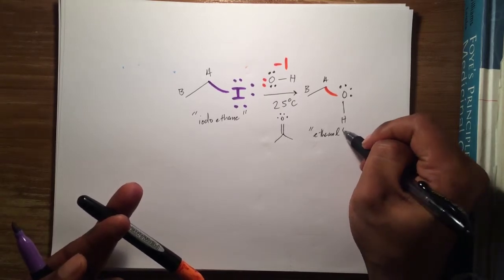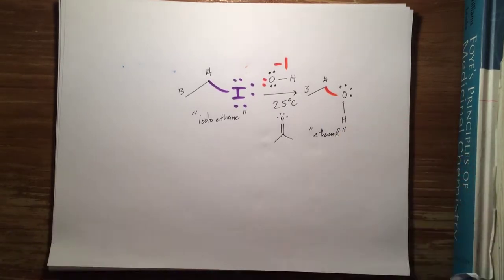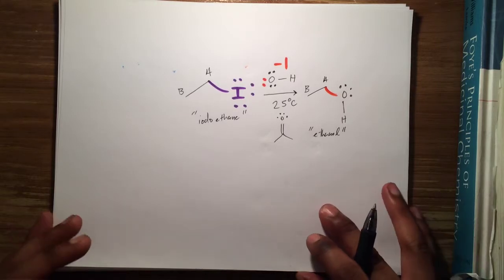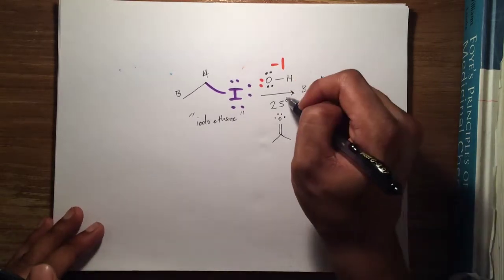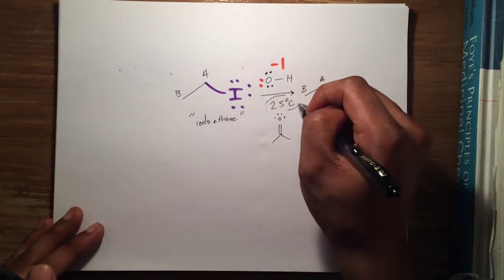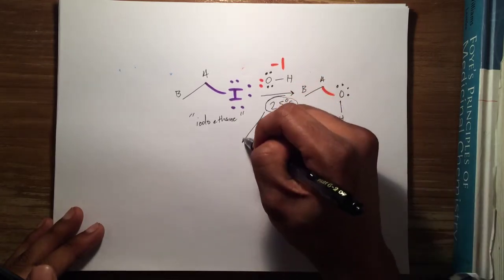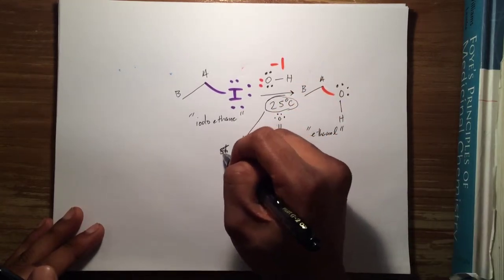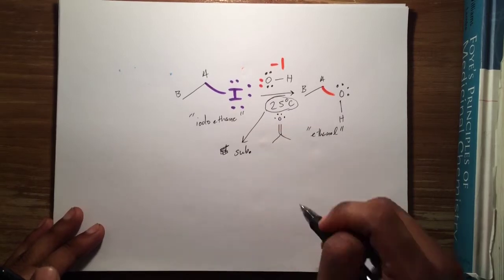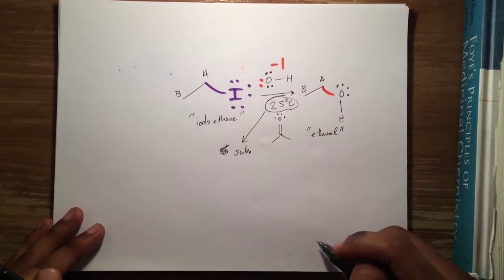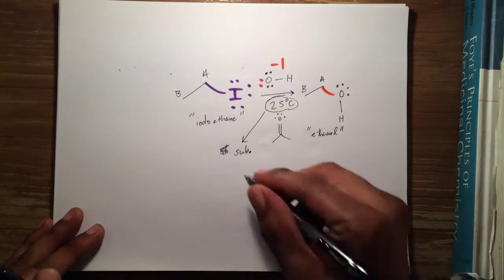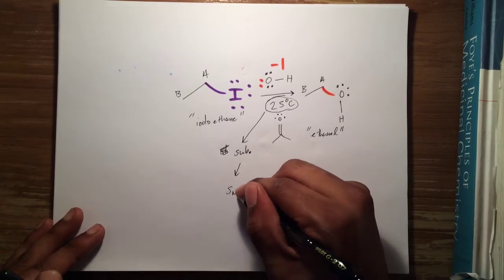So let's explain first some of these conditions that favor a certain reaction. Let's start off with some of the simple ones. Okay, so this 25 degrees Celsius here, all substitution reactions are favored at 25 degrees Celsius. What I mean by all substitution reactions is Sn1 reactions.